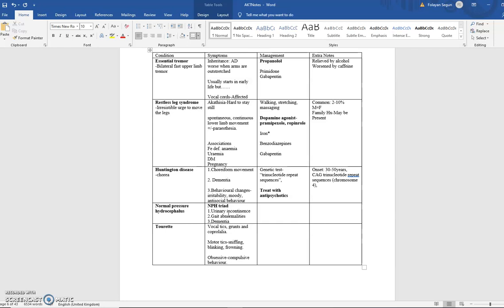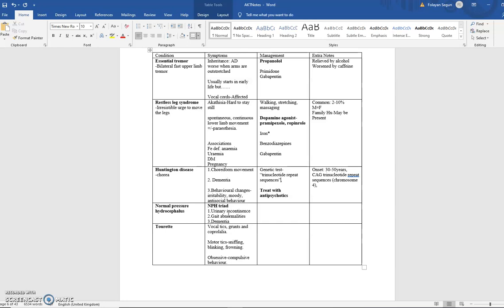So they give you an elderly man or woman, usually a man, with urinary incontinence, problems with gait or walking, and dementia. So they tell you, an elderly man suddenly became incontinent, he has a problem with gait, and he has some memory loss. What do you think is the diagnosis? Go for normal pressure hydrocephalus.